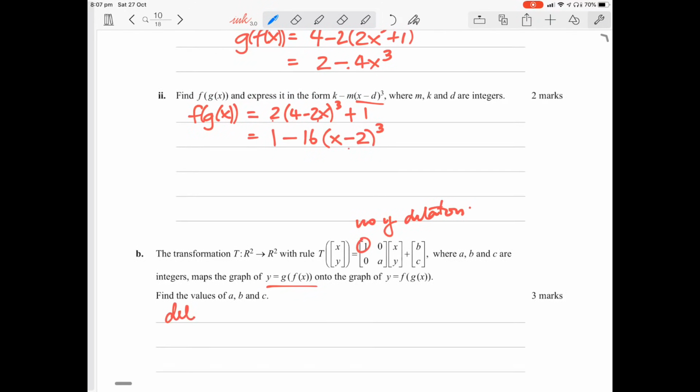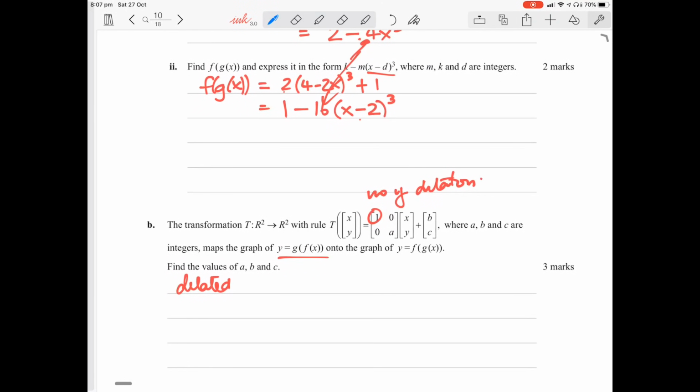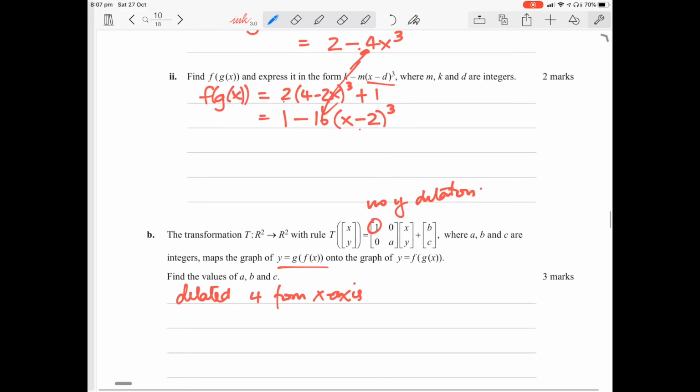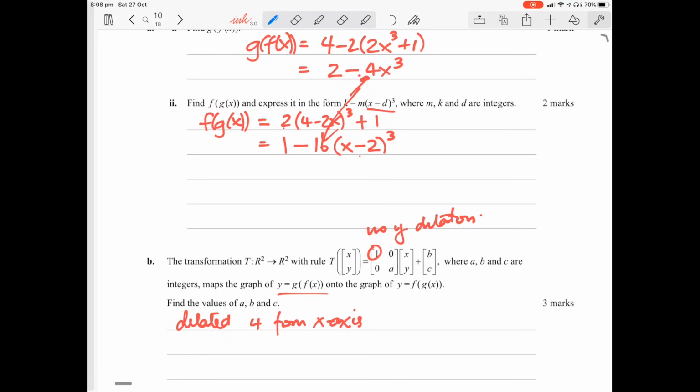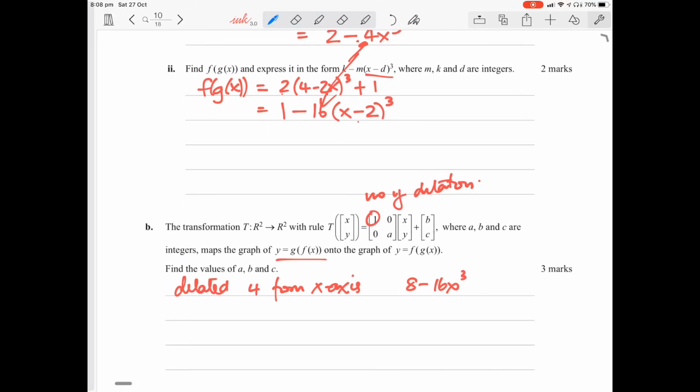If we want to make 4 become 16, dilated by 4 from the x-axis, that would become 8 minus 16x cubed. And we want to move it 2 to the right, translated right 2.